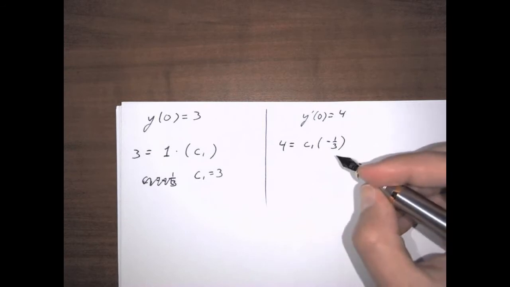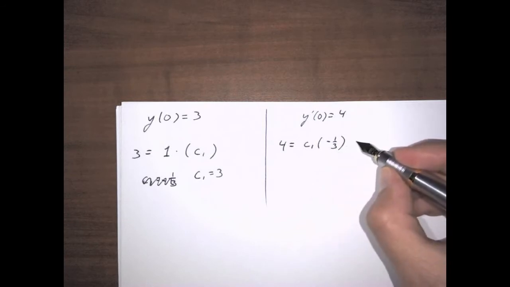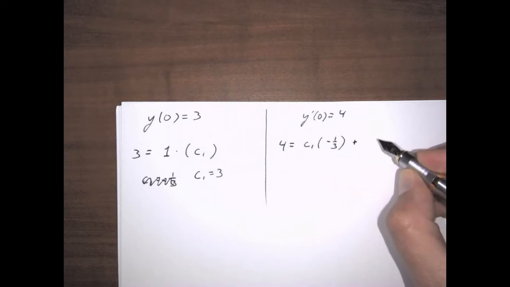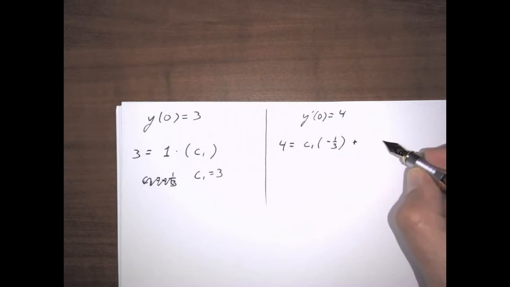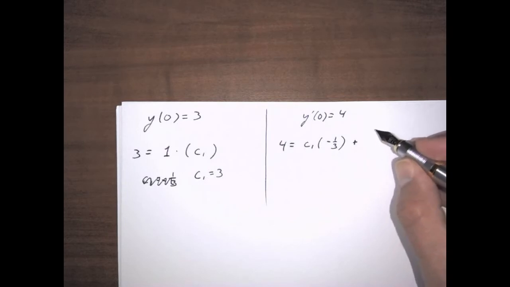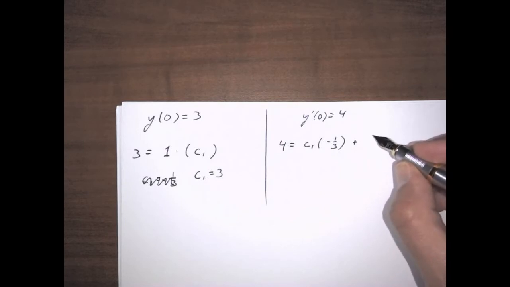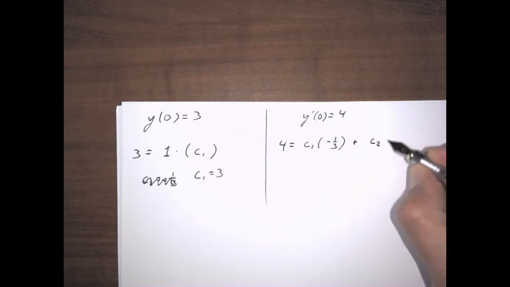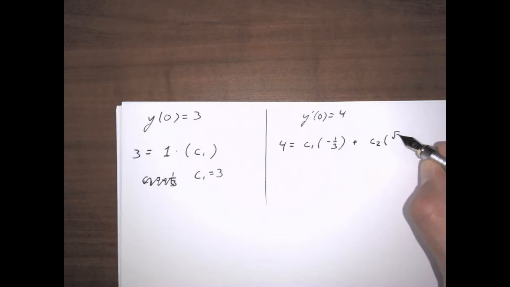And then on the c2, that's the only one that's going to survive of that one. And then on the c2 side, we are going to have plus c2 times root 3 over 3.